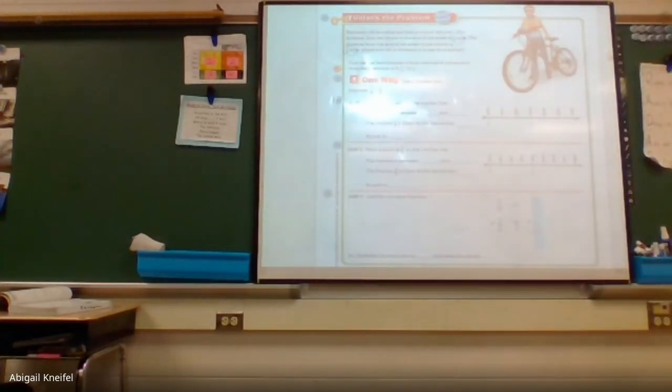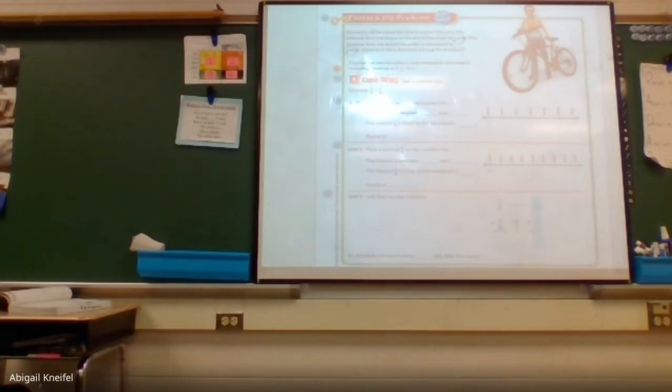We're going to use benchmarks, 0, half, and 1, to find a reasonable estimate by rounding the fractions to 0, half, and 1. And we're going to use a number line. So we're going to estimate 1/6 plus 3/8.